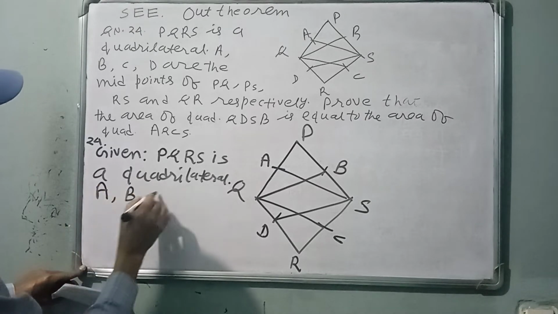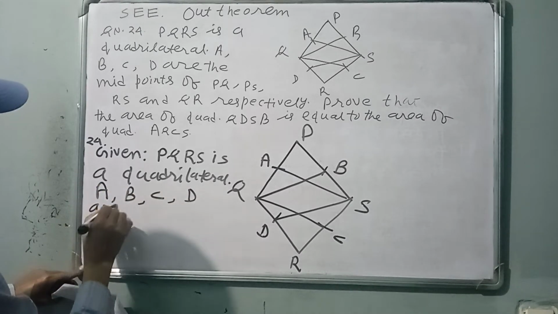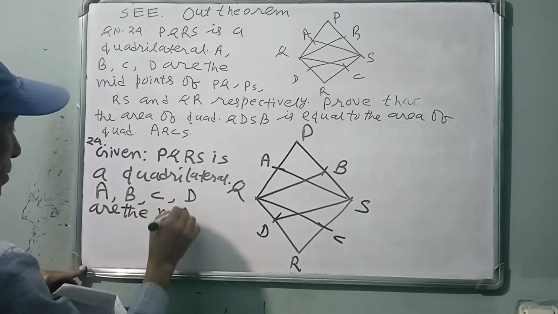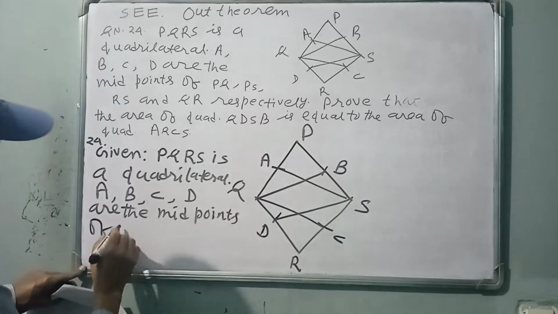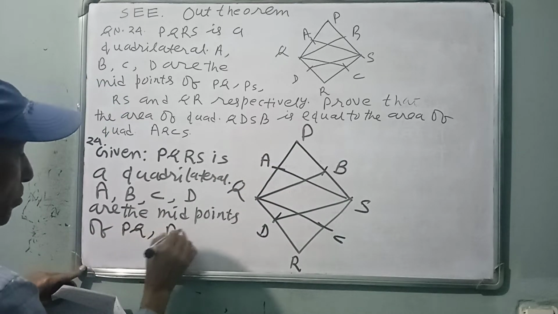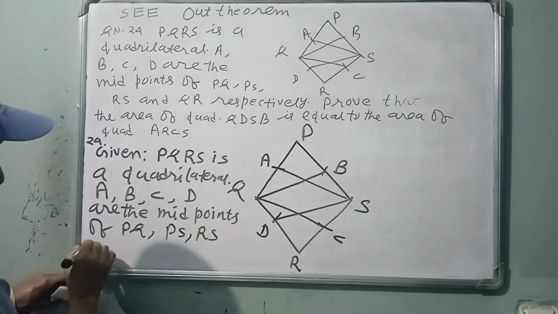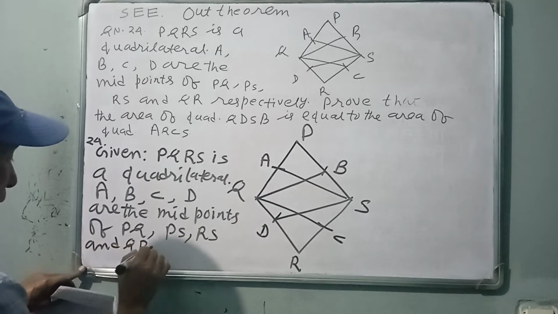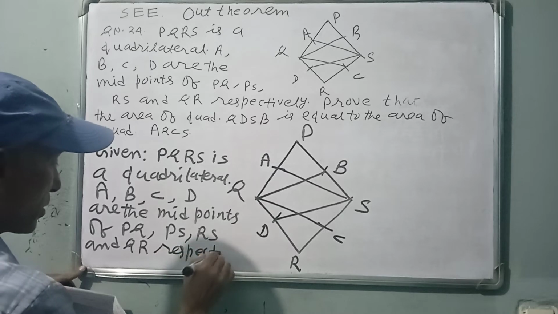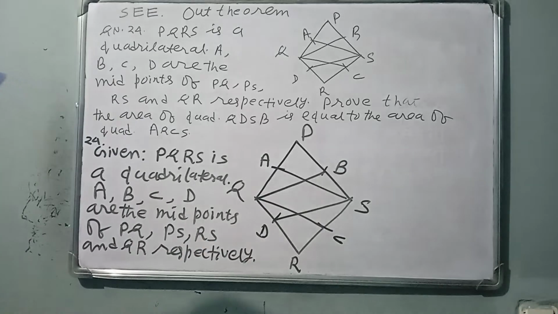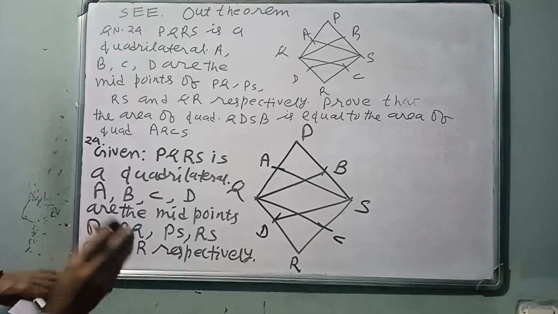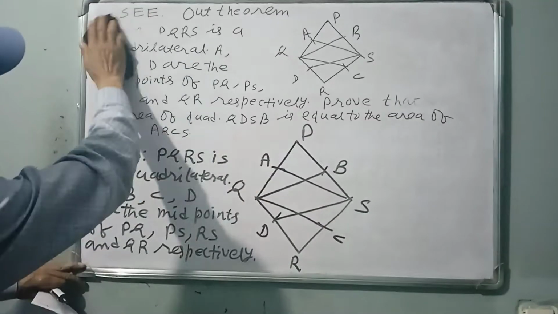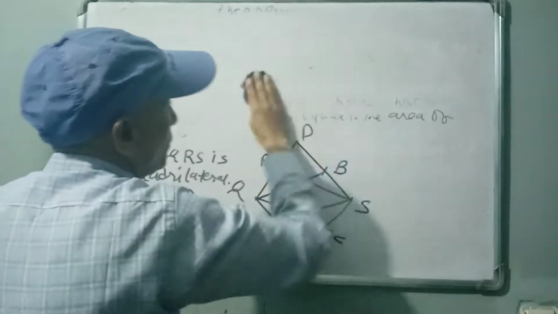A, B, C, D are the midpoints of PQ, PS, RS and QR respectively. This is the given condition. Copy the whole figure, write the given, and after the given write to prove. To prove.